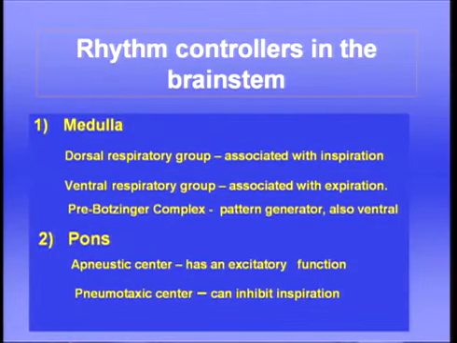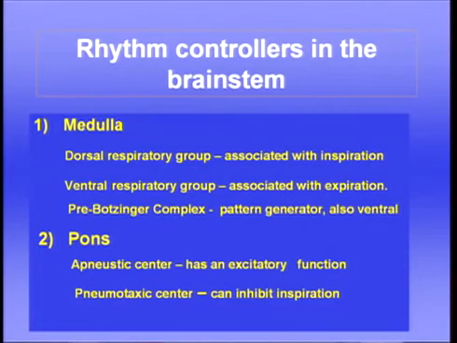Now, in the pons, there are two groups of neurons, centers, that classically have been thought to be important, although exactly how important they are in normal breathing is still, in humans, not clear, because all these experiments necessarily are done on animals.